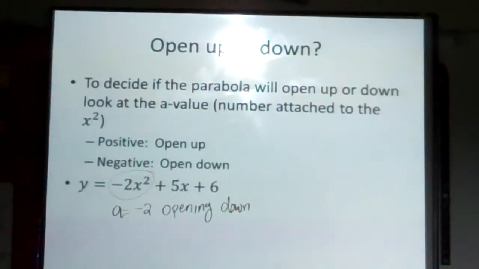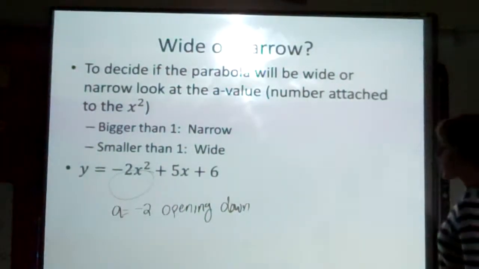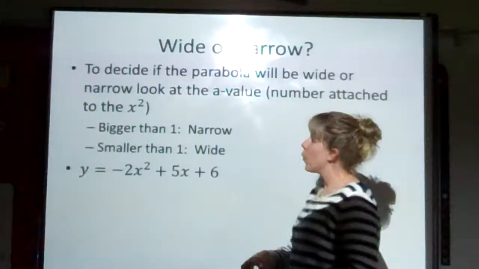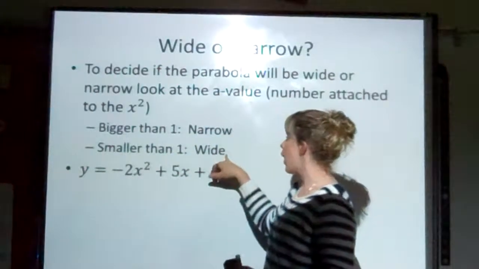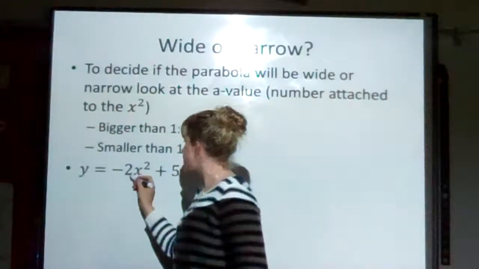Now, the other thing that we can decide from the equation is whether the parabola will be wide or narrow. To decide if the parabola is wide or narrow, again, we're going to look at the a value. And then say, well, if the a value is bigger than 1, it's narrow. If it's smaller than 1, it's wide. In this case, we found the a value to be -2.